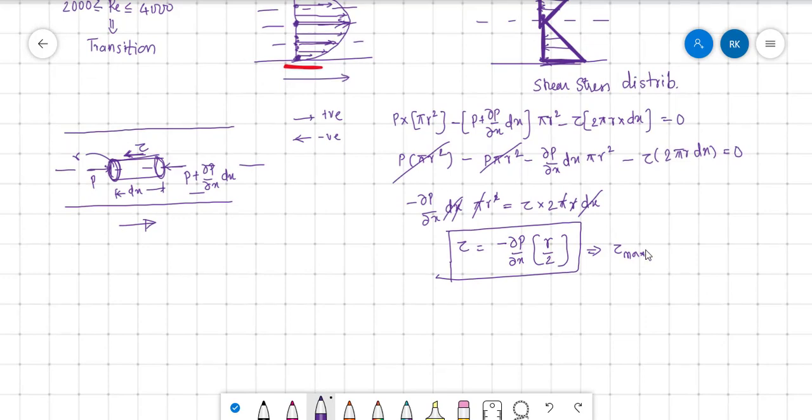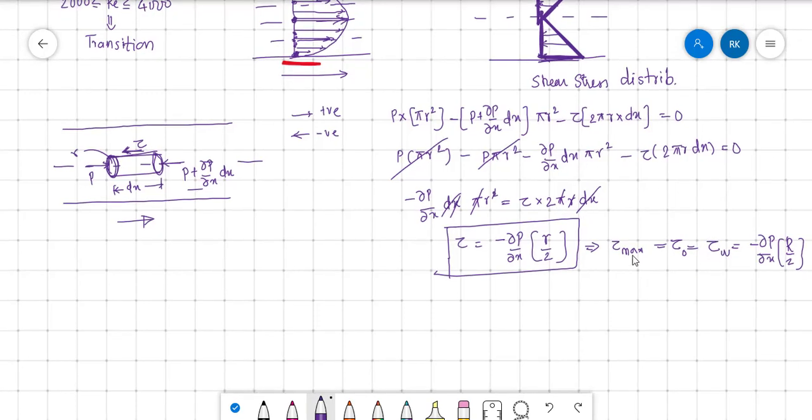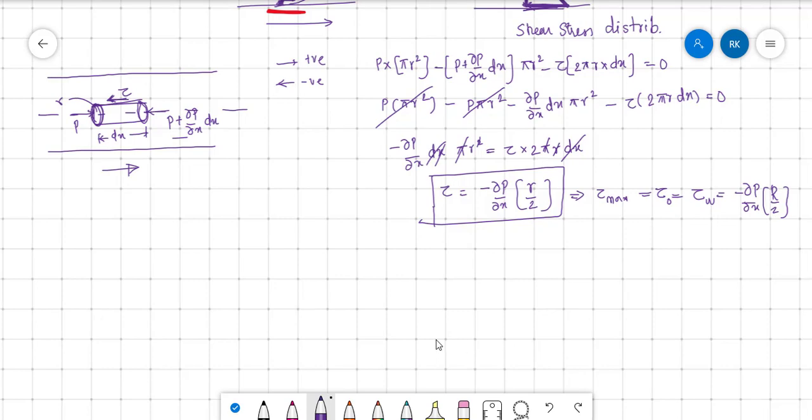So tau max is equal to tau naught, which is sometimes represented as tau wall, which is equal to minus dou P by dou X into R by 2. This minus sign indicates that the shear stress acts in a direction opposite to the flow of the fluid.